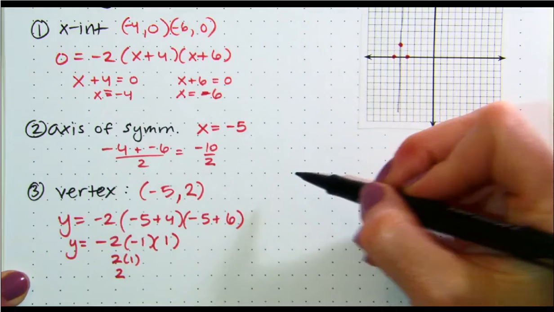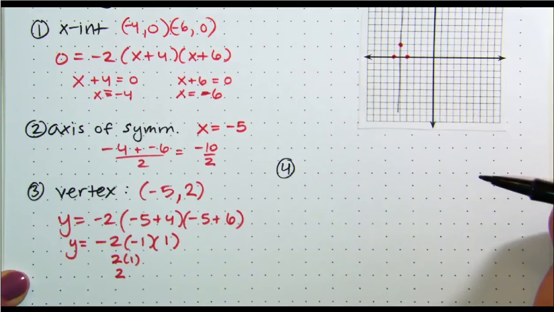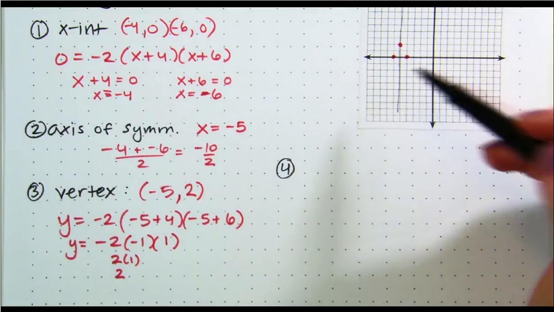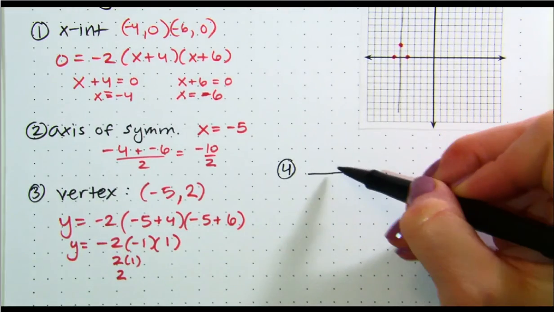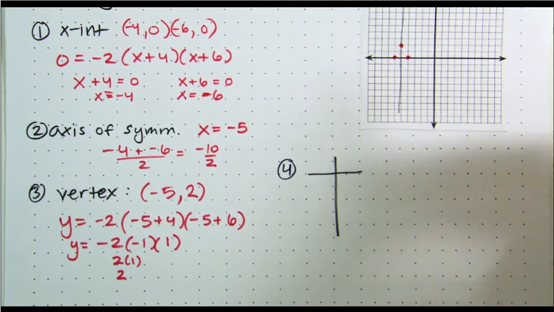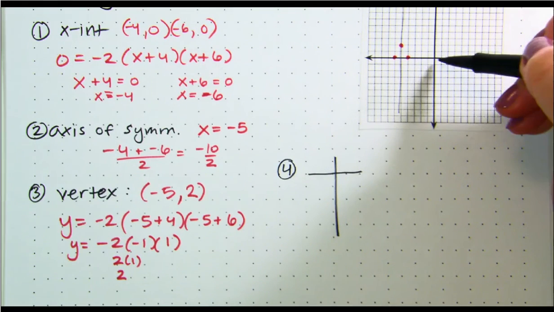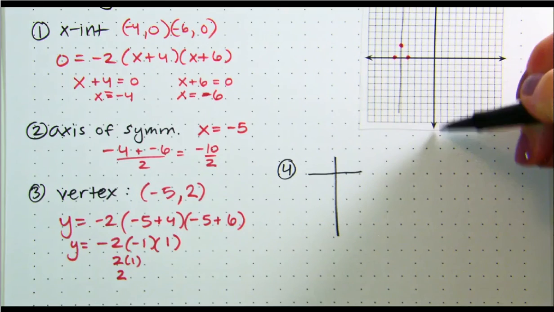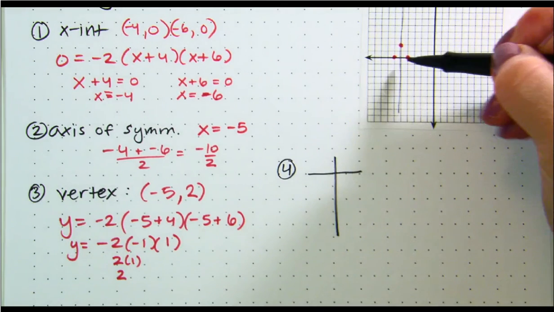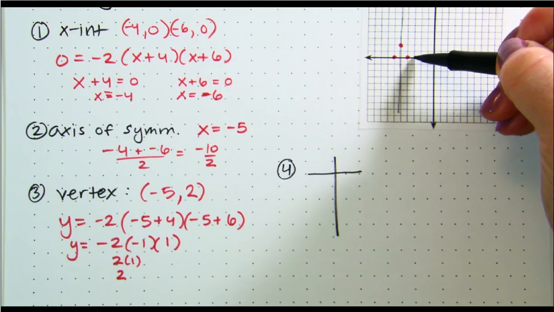Then our last step is to pick more points so that we can have at least 5 total, right? I'm not going to stray too far away from my axis of symmetry just because I don't want to run out of space. So let's just go with x is negative 3.